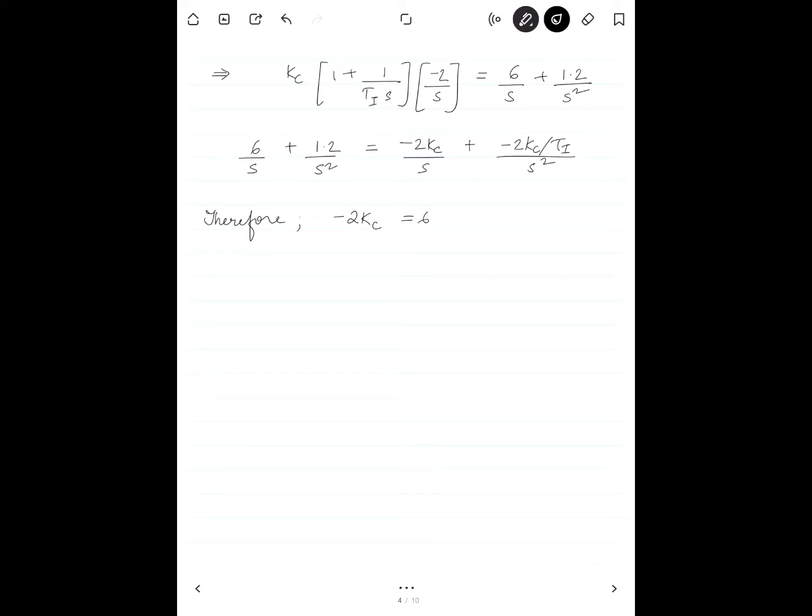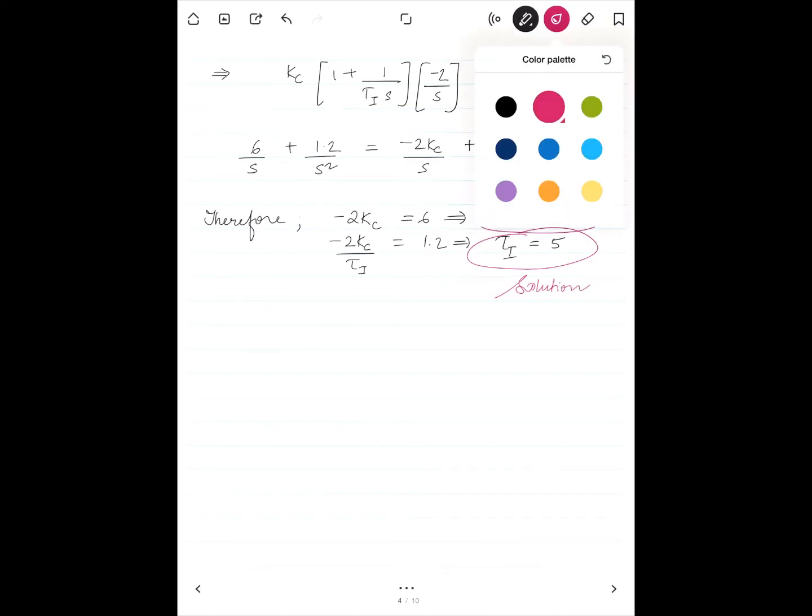So we have minus 2 Kc equals 6, giving Kc equals minus 3. And we have minus 2 Kc over tau I equals 1.2, and that gives us tau I equals 5. And hence we once again have the same values for the controller gain and integral time. And that is the solution. So you can just choose to work either with the time domain or the S domain as you are comfortable.